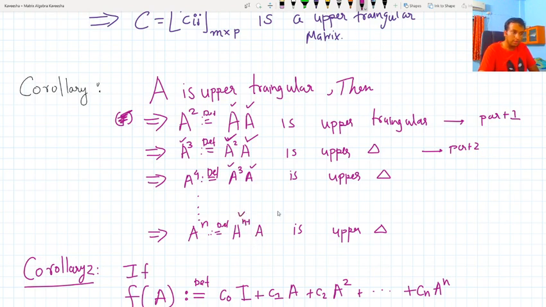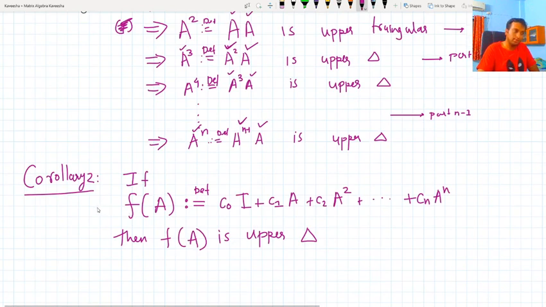By the same logic, A raised to n minus 1 is an upper triangular matrix, A is upper triangular, hence A raised to n is upper triangular. Okay, let us look at another corollary.